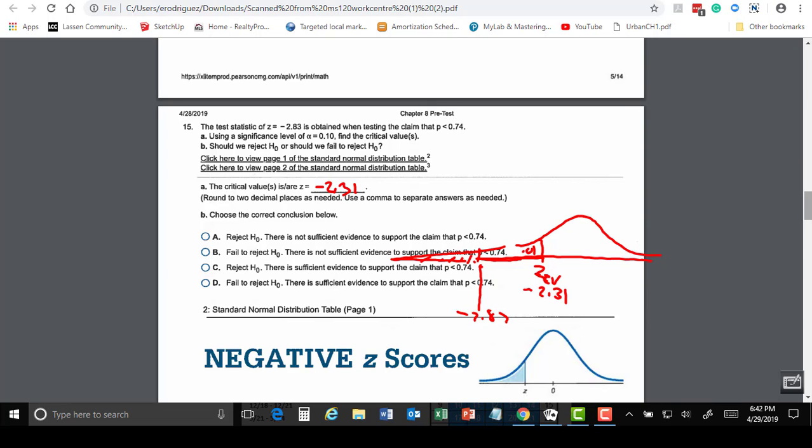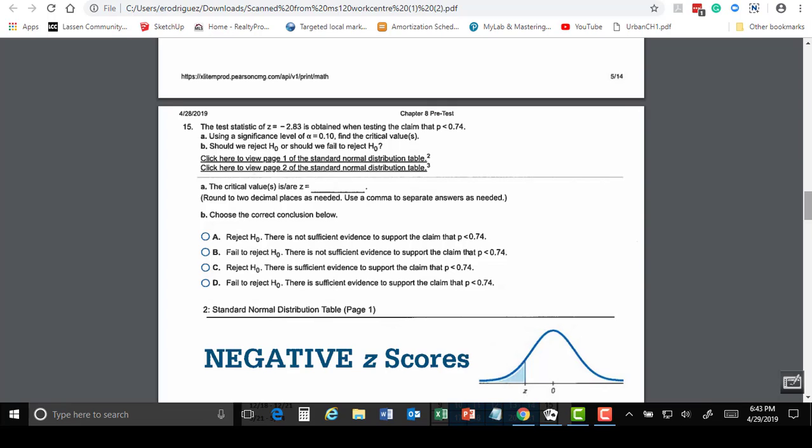Not sufficient evidence to support that. Well, that is our alternative. And then fail to reject null, not sufficient evidence to support. What is the difference? Okay, fail to reject. Instead of saying reject, they say fail to reject. But we're in the rejection region.